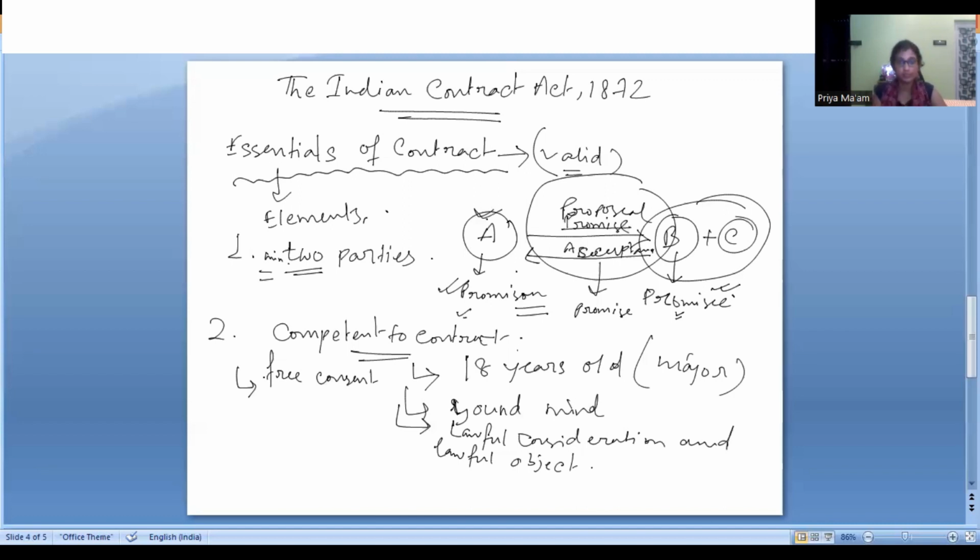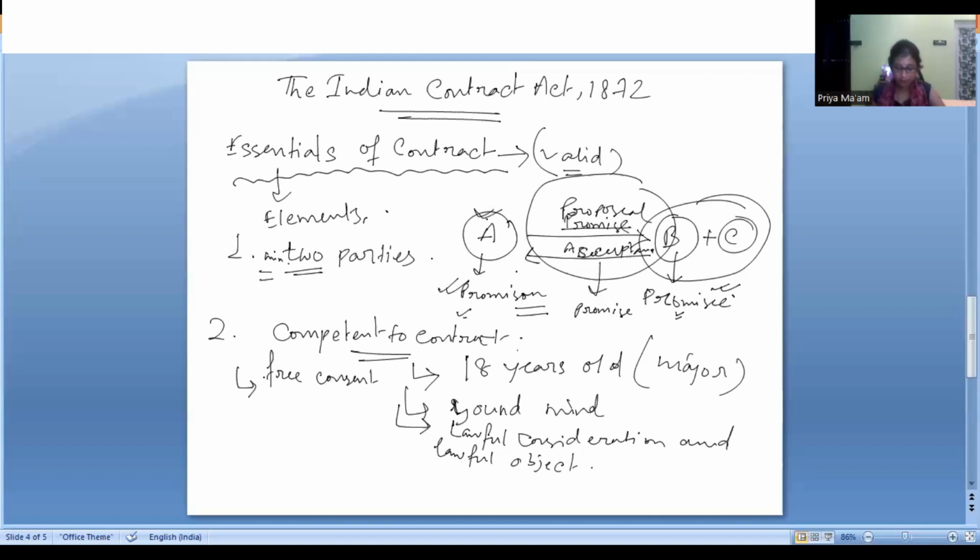These terms will be discussed later on. Don't worry. But still understand that free consent means there is no external force forcing me to make this proposal or this acceptance. So it should not be there for a valid contract. A valid contract should be spontaneous, with free consent from both parties.